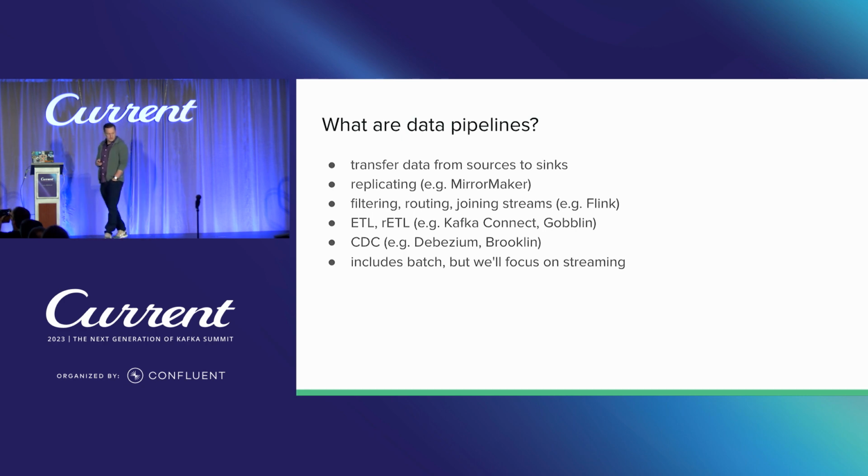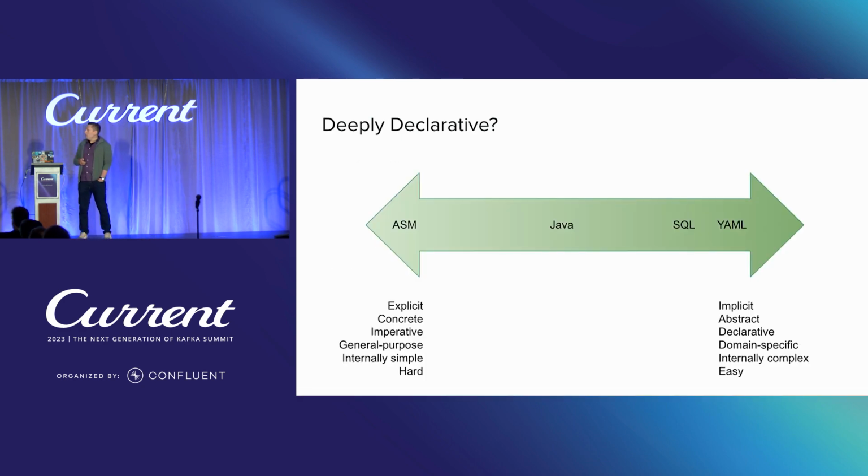Okay, so what do I mean by deeply declarative? If you think about code generally, it tends to fall along this spectrum, this continuum of explicit, concrete, imperative things on one hand, and implicit, abstract, declarative things on the other hand.